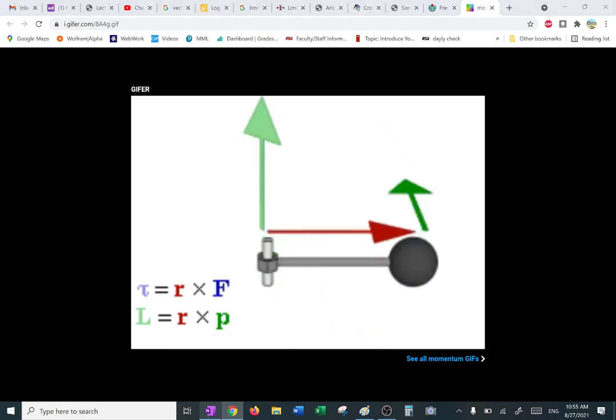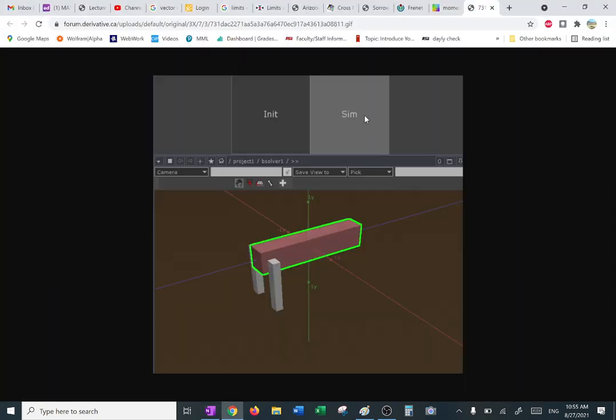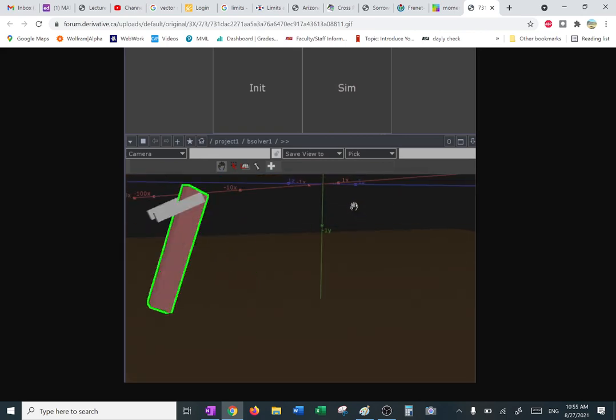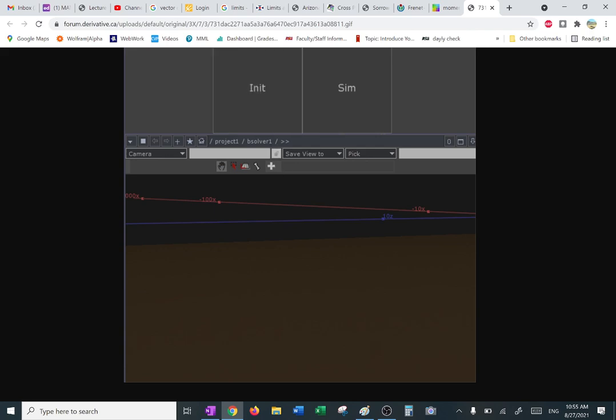And then I found this computer game kind of thing. Look at that. So funny. You're like, what is going on here? So also, this uses cross product. And then he's trying to teach AI to walk. And then it's like, what the heck is going on here?